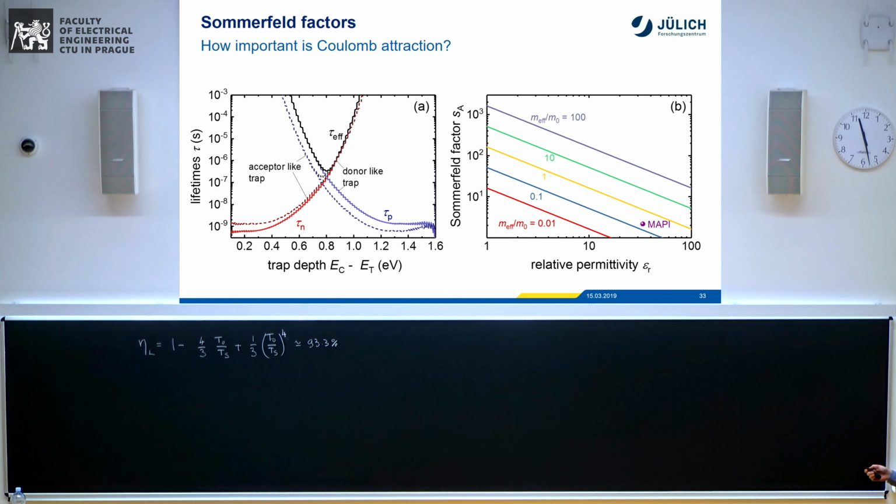And if you take Tom's equation for this Sommerfeld factor, which summarizes the attractive interactions between the electron, for instance in the conduction band, and the positively charged defect, then you see that the factor with which you have to multiply these transition rates depends on the relative permittivity and the effective mass. There's only one problem: it starts at 1 here, but the equation doesn't end here.